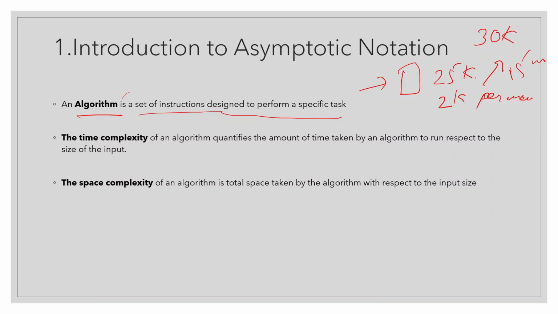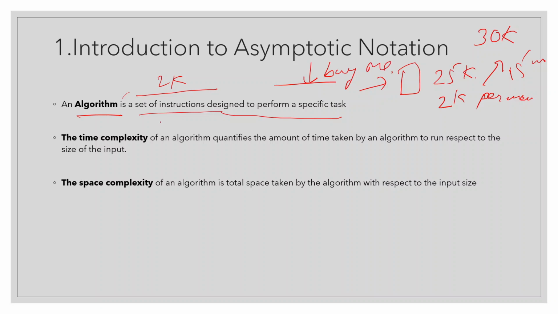So in this scenario, you are making a procedure like that. This procedure we call an algorithm. Algorithm means a set of instructions: you save 2k every month, and after some months you execute your task, that means you buy your new phone.